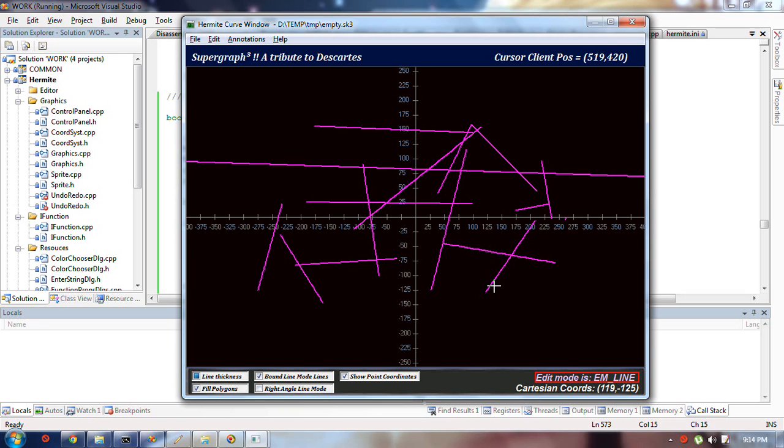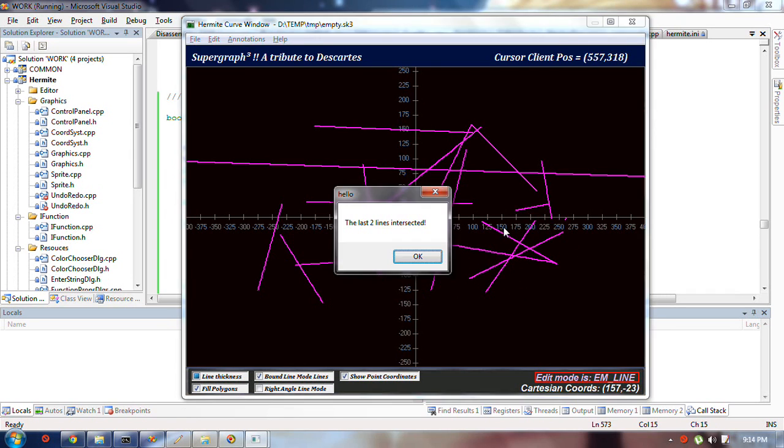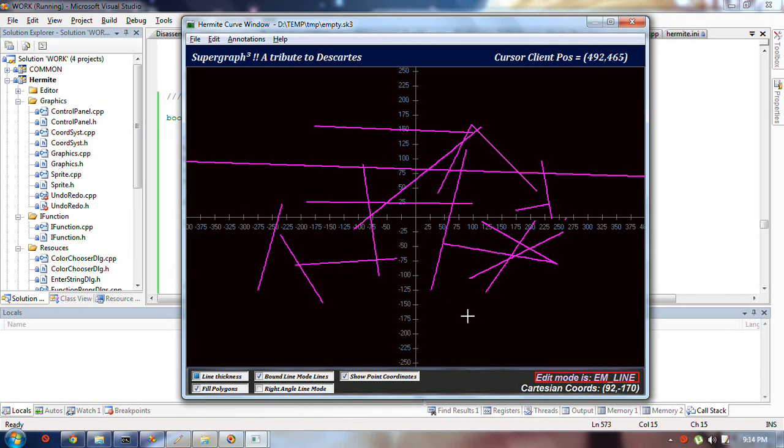Oh, no, I don't want that one. Oh dear. I forgot to press this too. Okay, it's clear. How about this side? I can get pretty close. How about this side?